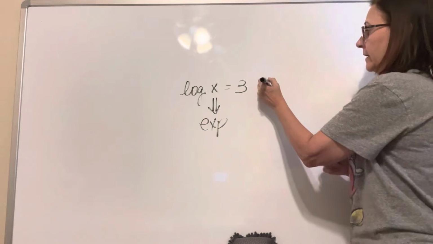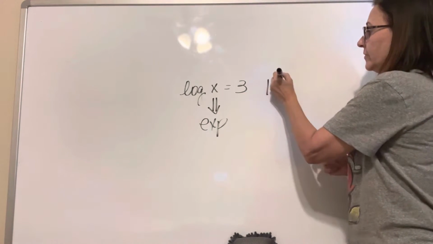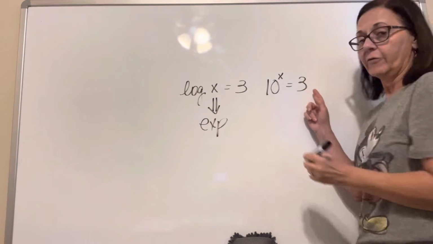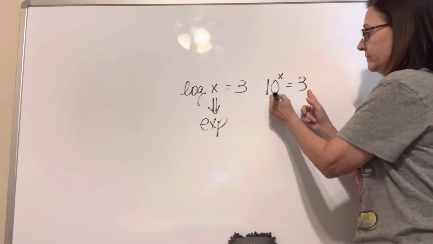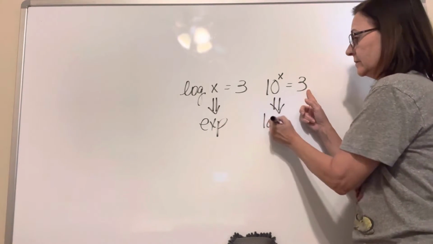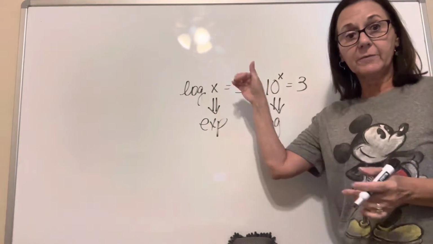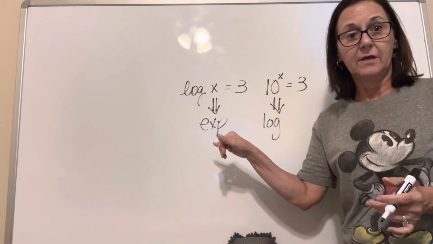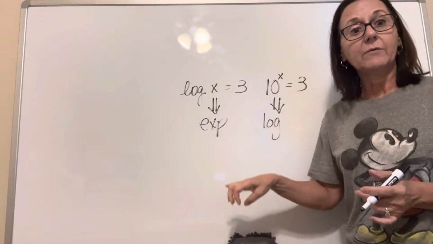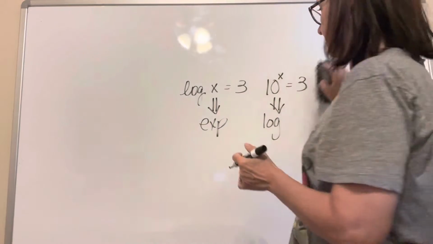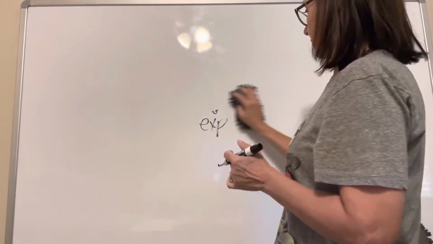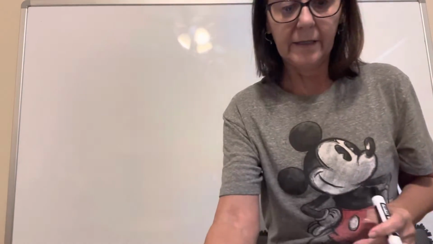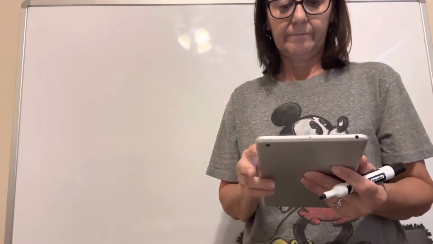If I need to solve for the exponent, I'm going to logs. Solving for the argument, I'm going to exponents. Solving for the exponent, I'm going to logs. That's the rule. All right, so look at your first example on page 357.